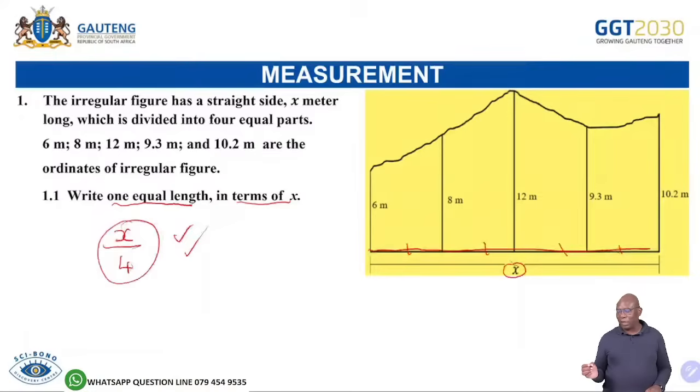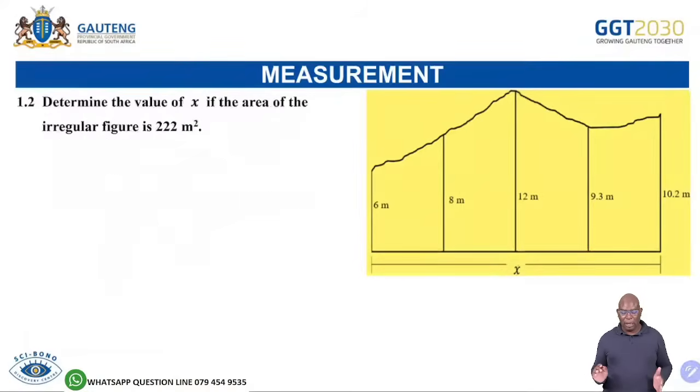And obviously the last question, nowadays they ask it differently. They need the value of x in this case. Determine the value of x. The area of this whole thing is given. So you remember the formula.